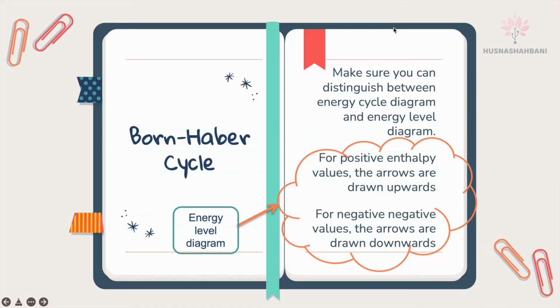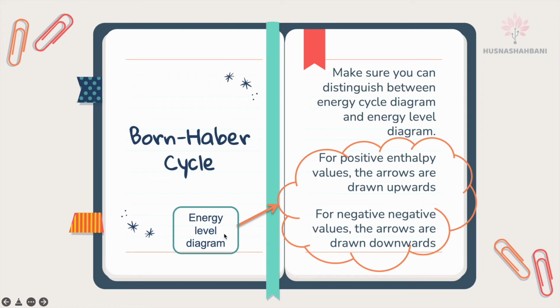Okay, before constructing the Born-Haber cycle, make sure you can distinguish between energy cycle diagram and energy level diagram. Energy cycle diagram, you don't have X or Y axis, you just put the arrow. But for energy level diagram, you have the Y axis.